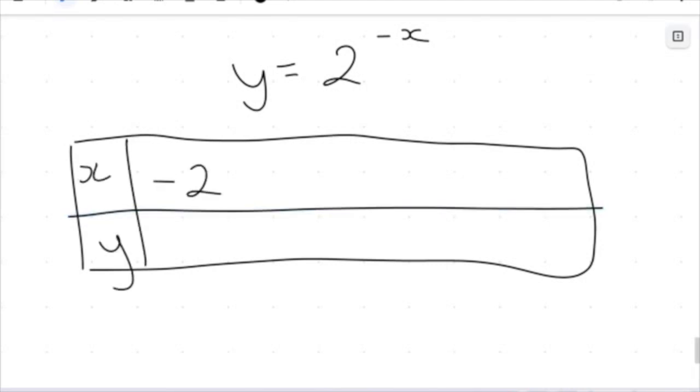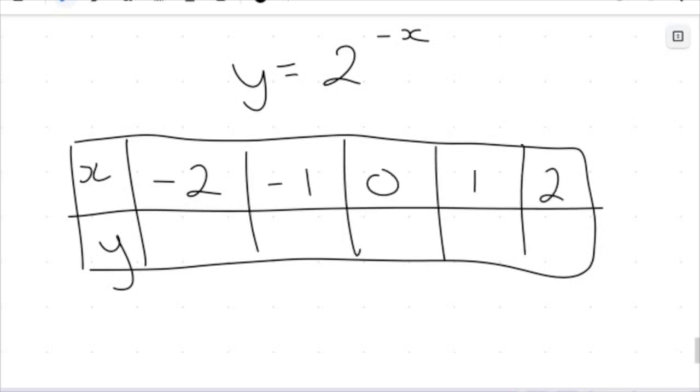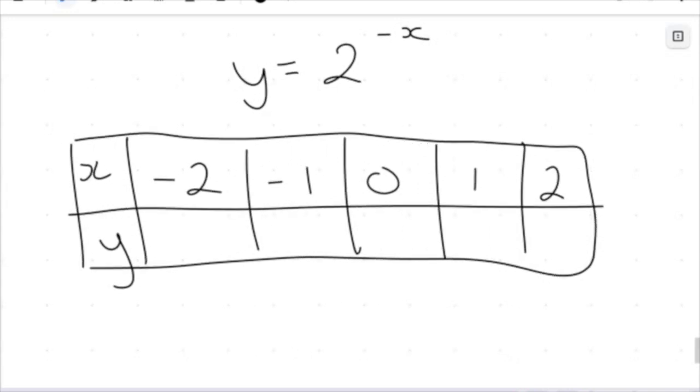Okay, so I'm going to do these same values, and I'm going to substitute them in. Now, putting this in place of x, this is like saying 2 to the power of negative negative 2. So I have two negatives here, so that's going to give me a positive.